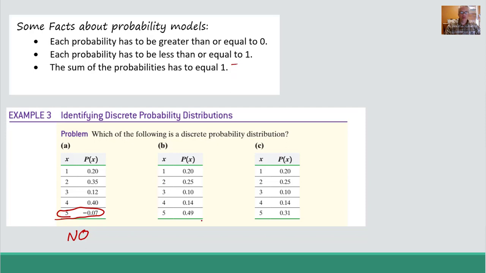But the problem is they don't add up to 1. I believe they add up to 1.18. All right, so this one is no. All right, take a look at this one. All the values are in between 0 and 1. And if you add them up, sure enough, you get 1.00 exactly. This is a valid probability distribution.